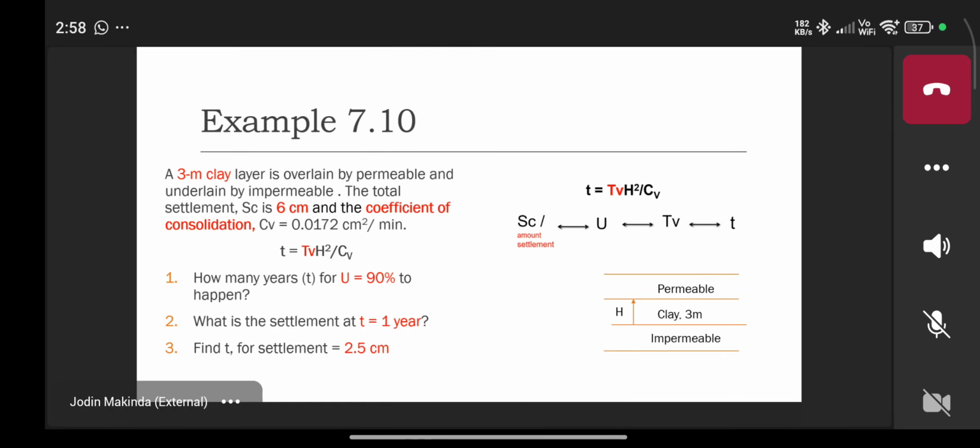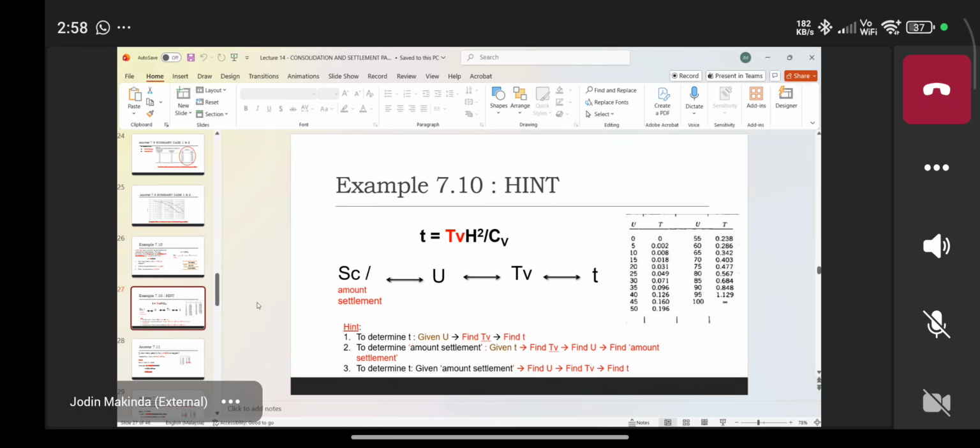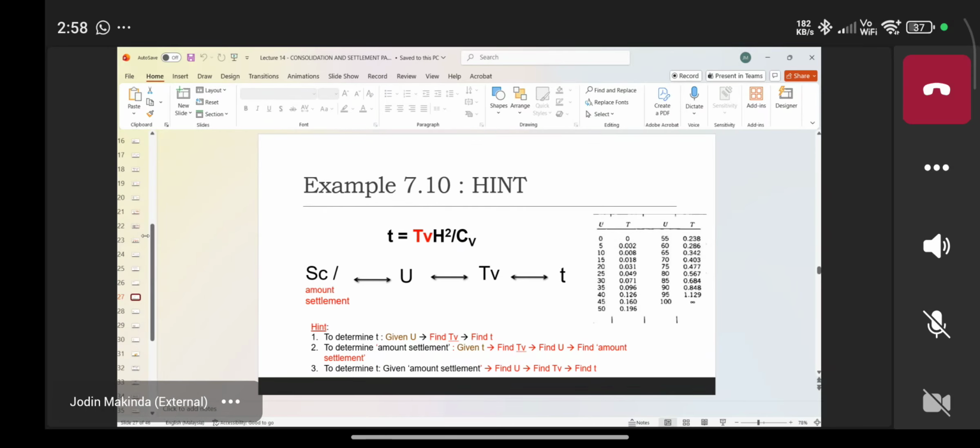Similarly, if you're given time T and you want to find amount of settlement, you use time to find TV, time factor to find fraction of consolidation, U, and using fraction of consolidation to find amount of settlement. That is the tips. This is the important tips.